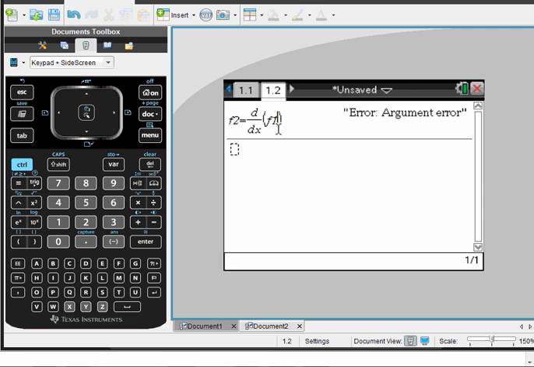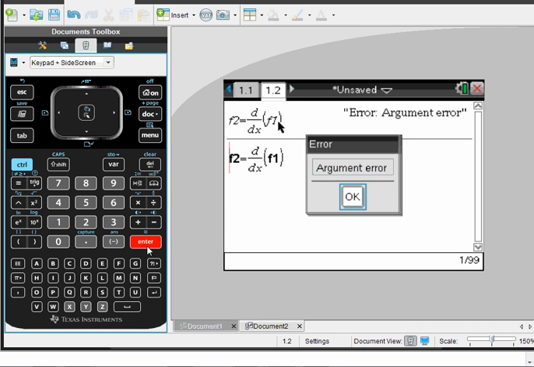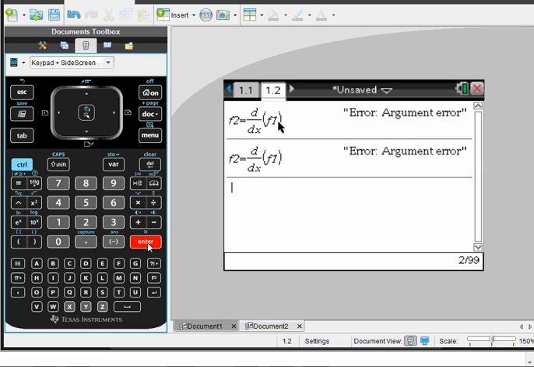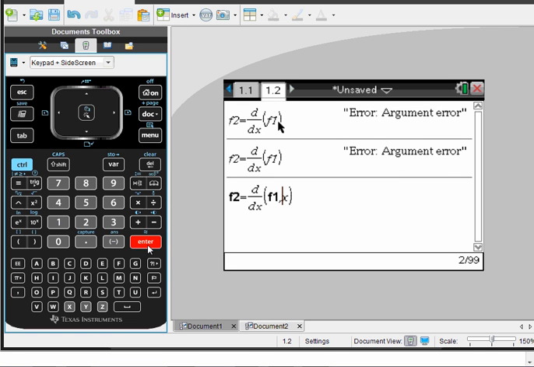Oh, why is that not working? Comma. There it is. Enter. If not, I'll find out. But you could do it on your 84 easily. I'm not missing a parenthesis, but that's okay.